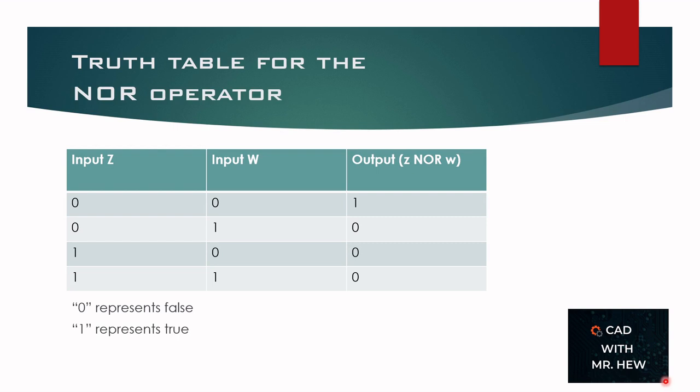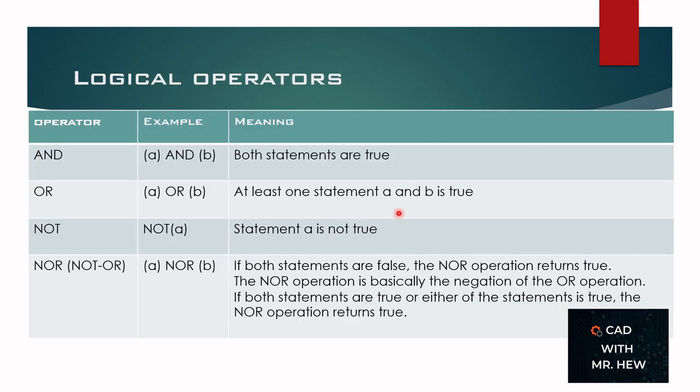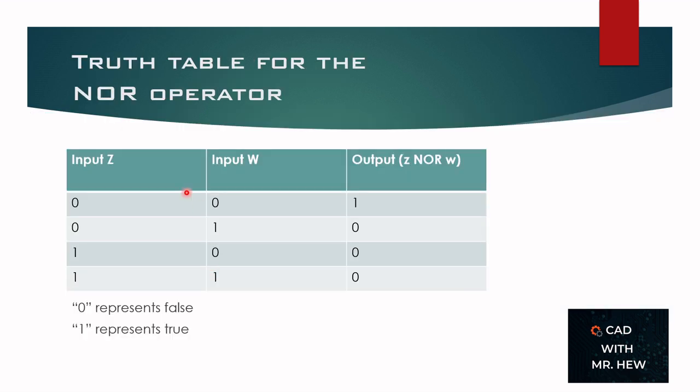We are looking at the truth table for the NOR operator. I'm going to use the truth table to further explain the concept that I showed you in the previous slide, which is a NOR operator.